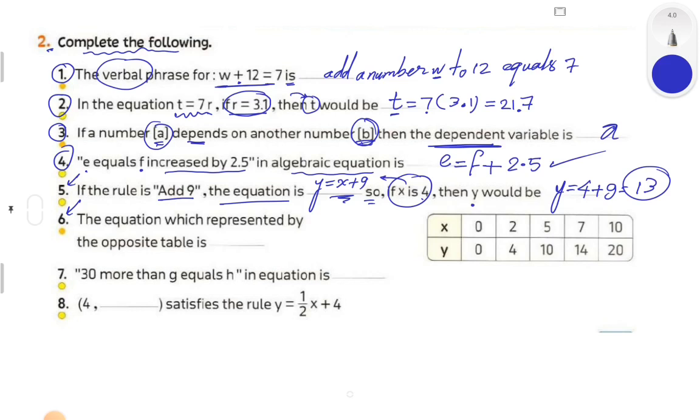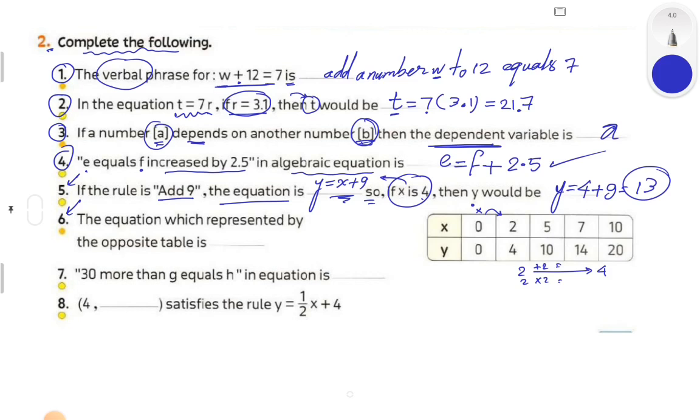I can't find out what the relationship is between 0 and 0, so don't look here, look to the next one. I have 2 becomes 4. How? Maybe 2 plus 2 equals 4, or maybe 2 by 2 equals 4. So he may add 2 or multiply by 2.